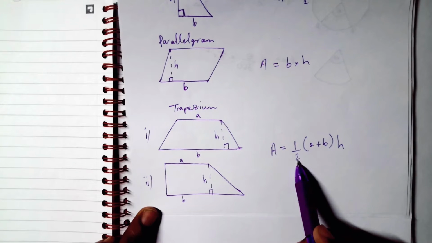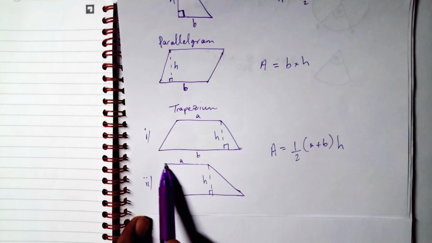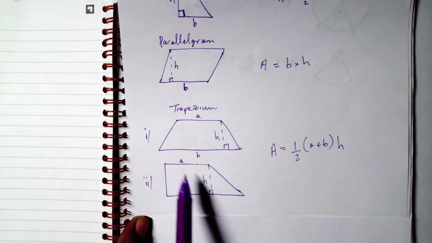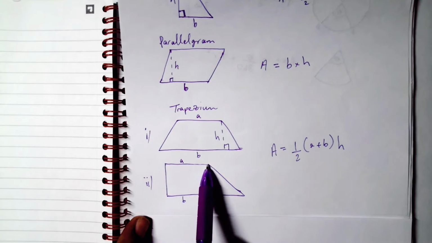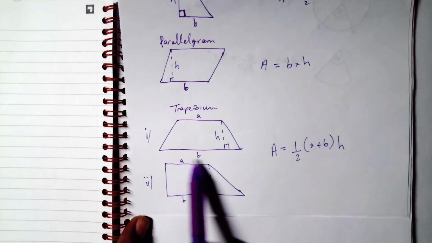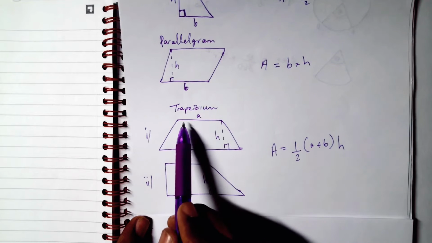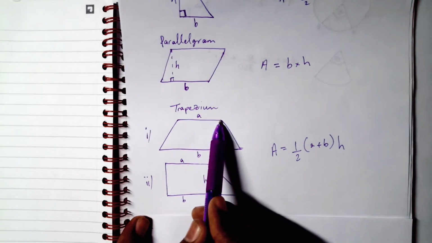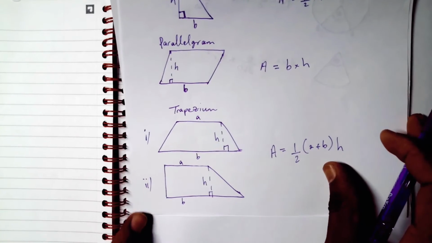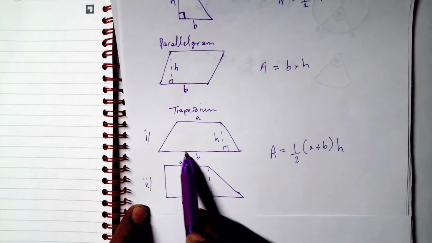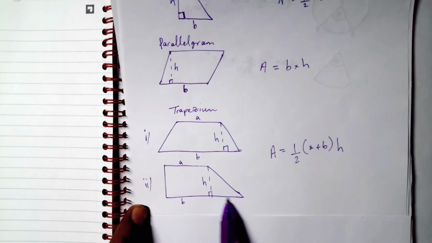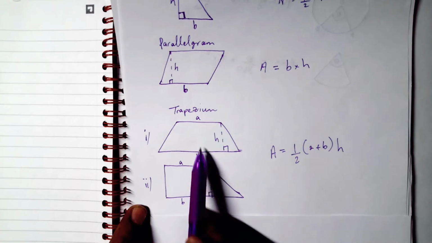It's going to be half times A plus B. A is the top straight side and B is the bottom straight side. Similarly for this one here, A is the top length, B is the bottom length, all of it. Same formula works for both diagrams.